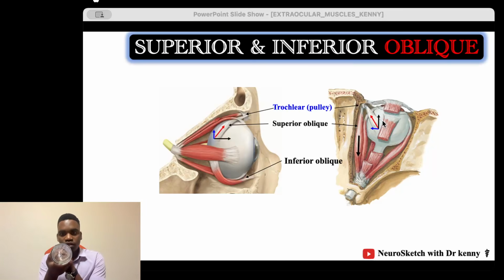Number one is intorsion, and it is powerful intorsion. It is a powerful medial rotator of the globe. Number one is medial rotation, number two is depression, number three is abduction.